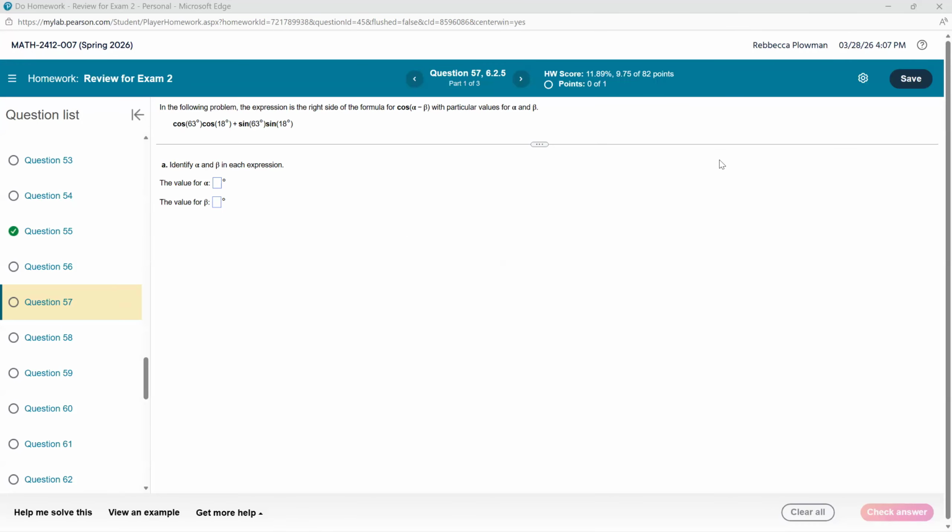So what we want to do is take this and write this expression as cosine of alpha minus beta for the particular values of A and B. Since this is cosine alpha, cosine beta, sine alpha, sine beta, it's going to go backwards to a cosine of alpha minus beta. So it's just the reverse of the last one we had. And what we said is that our alpha is just 63 degrees and that beta is just 18 degrees.